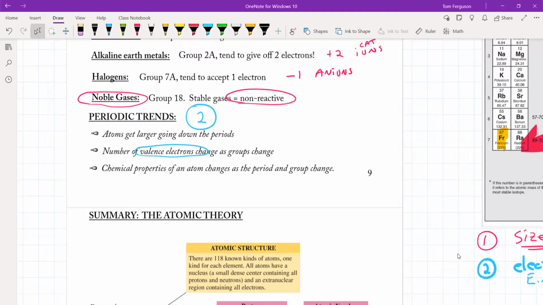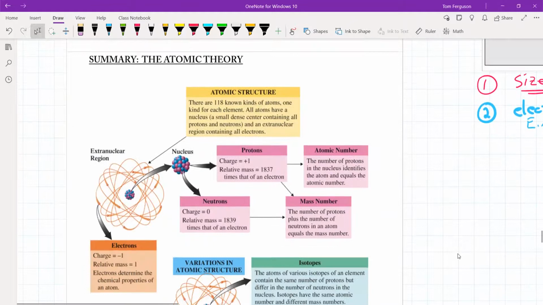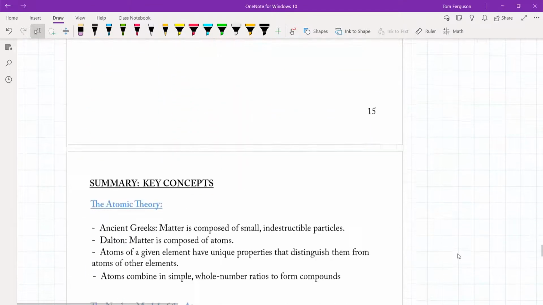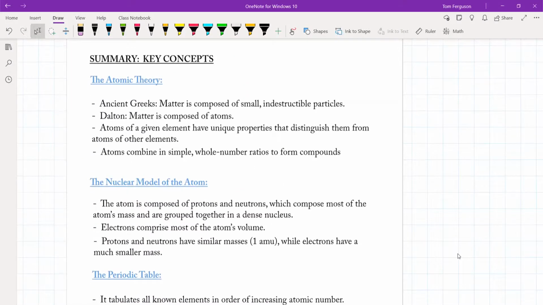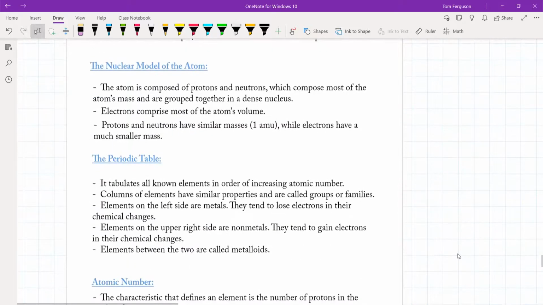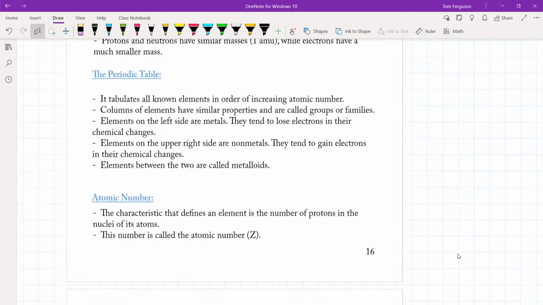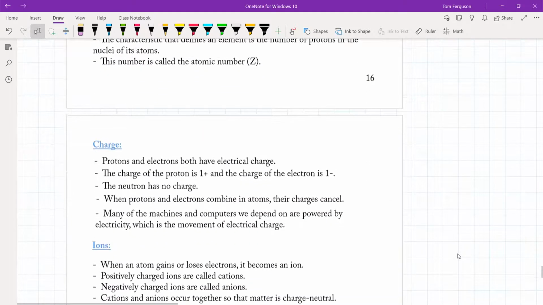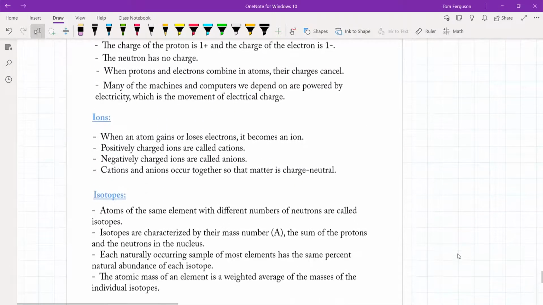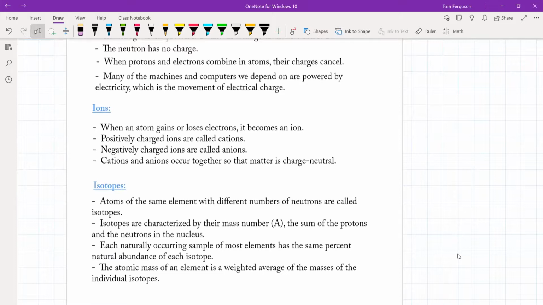Okay, so we are finished with chapter 4. And what we do is we have a summary here. Now, what I'd like to do is go over these on Monday to bring this chapter together because it'll introduce chapter 9. That's our third chapter for unit 2.